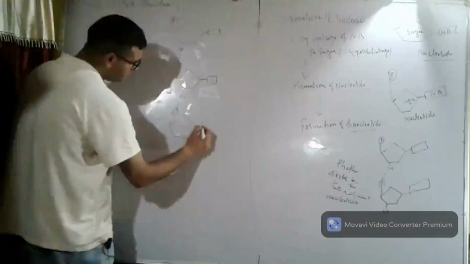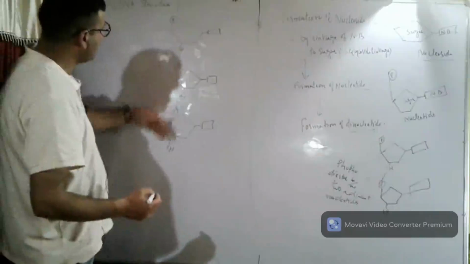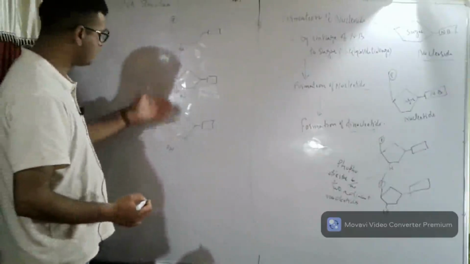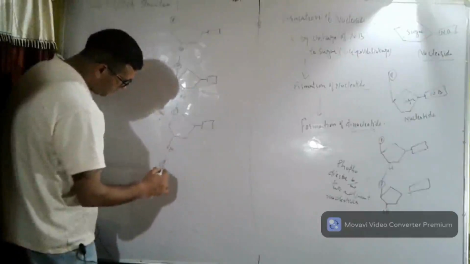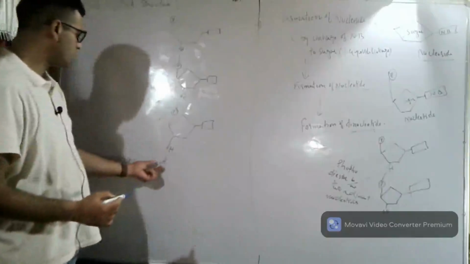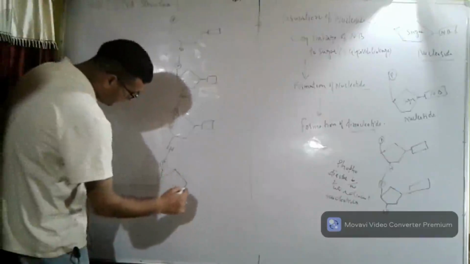These are three nucleotides. In this way we can make the polynucleotide. So we have hydroxyl group attached to the phosphate of the adjacent nucleotide.